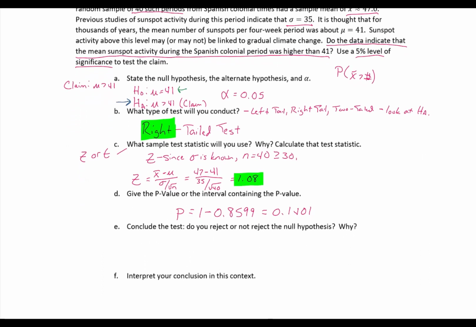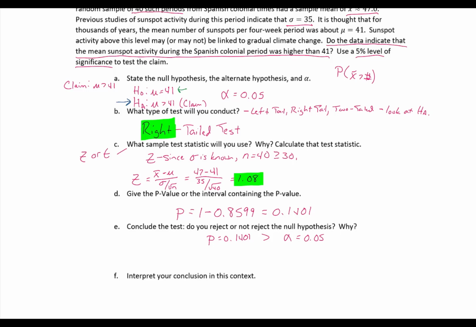So now we want to conclude our test. When I say conclude the test, do we reject the null or do we fail to reject the null? To determine that, you just compare your p-value with our alpha value. In this case, our p-value is 0.1401 and our alpha value was 0.05. So our p-value is definitely greater than our alpha value.